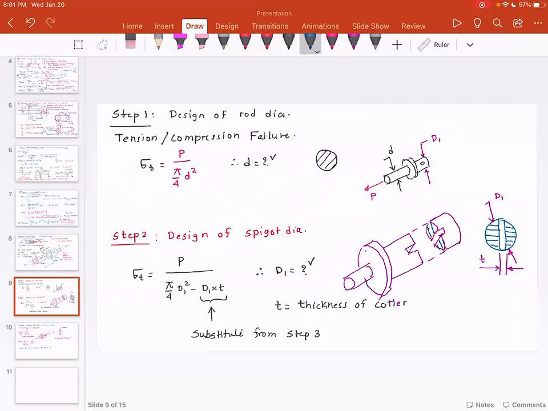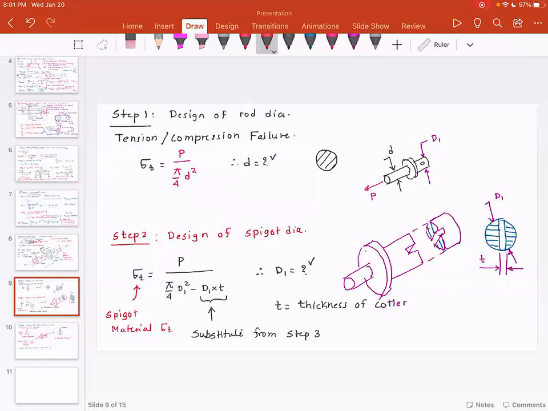This sigma T, and this is very important, this sigma T is the failure stress from the spigot material, because sometimes the spigot material and quarter material could be different.